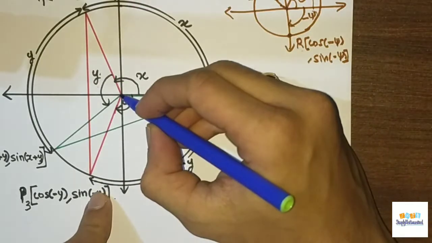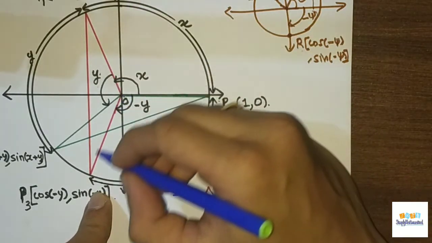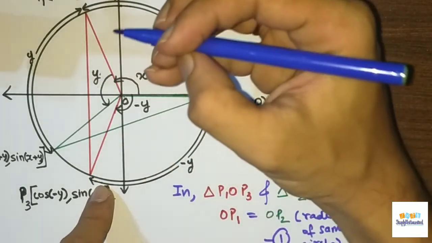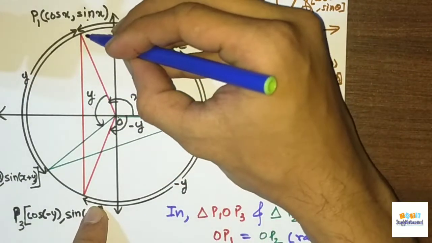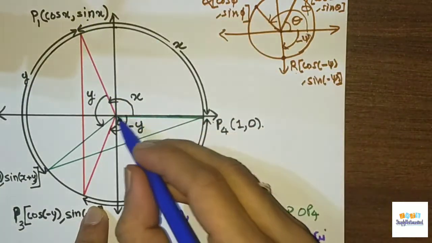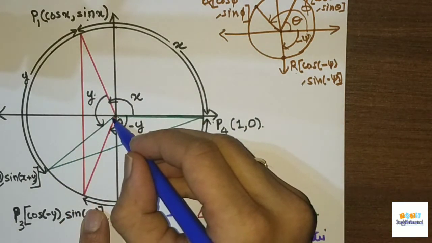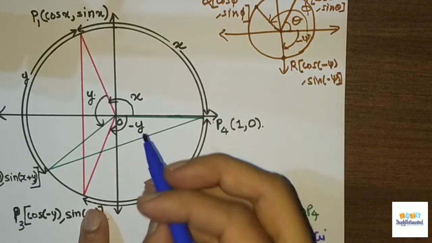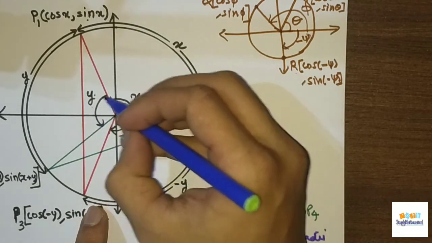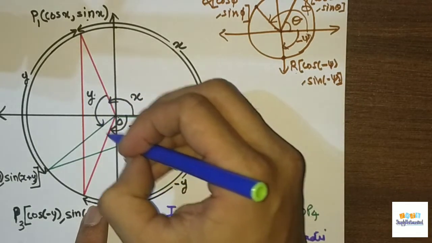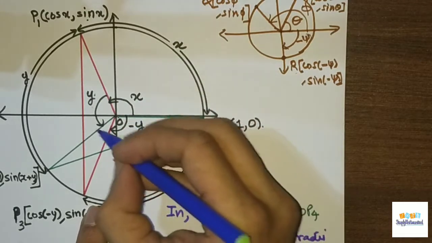We have one side equal, OP1 equal to OP2. Then this angle is equal to this angle.